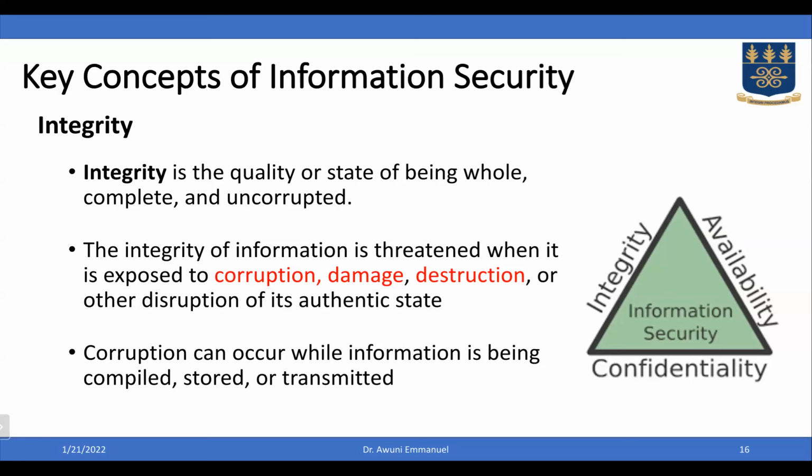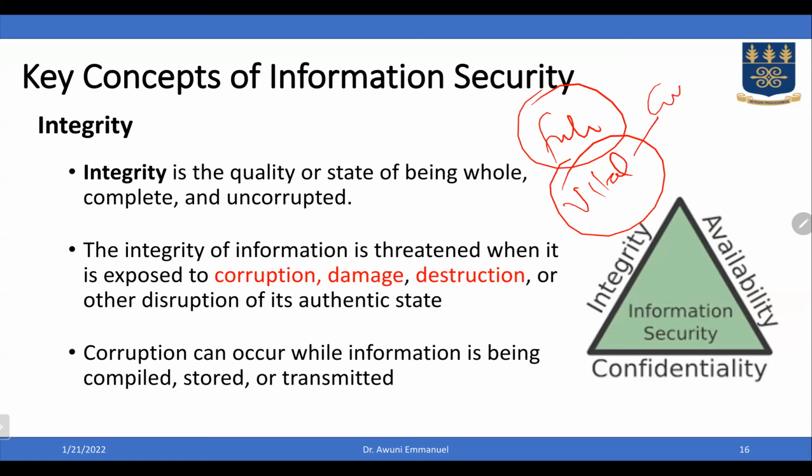Say you have a file that maybe contains vital information, like your credentials for accessing a certain university system. You have it on a system, and for some reason, you go to open the file and it is not opening, meaning that the file is corrupted. If the file is corrupted, it means that there's an integrity issue.